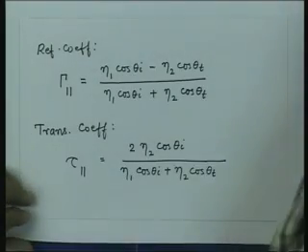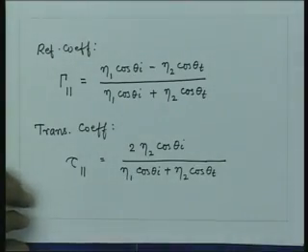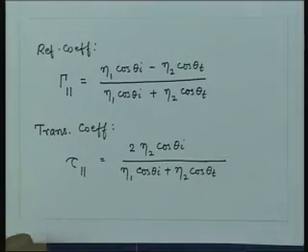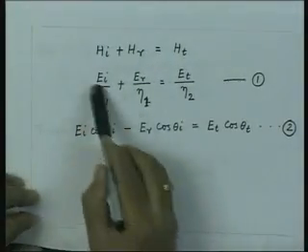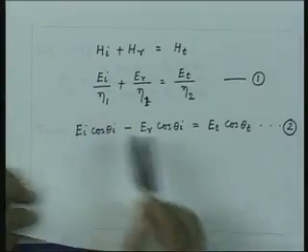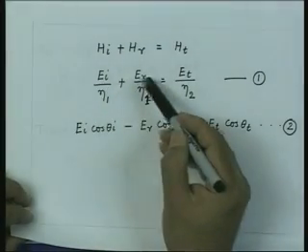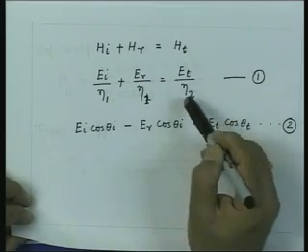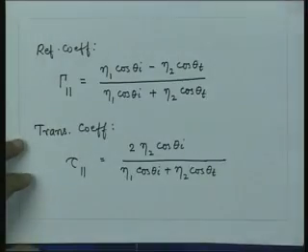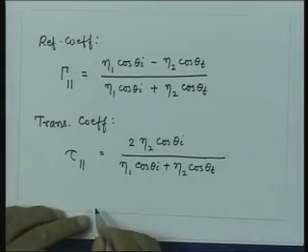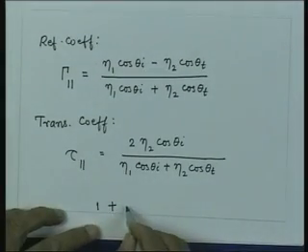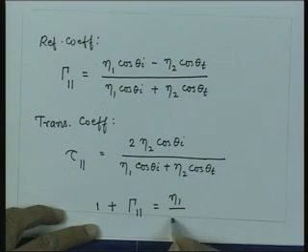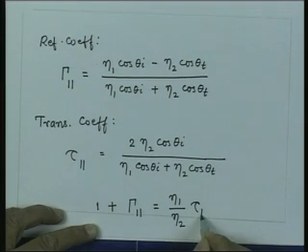Also note here that in this parallel case 1 plus gamma is not equal to tau, because from this equation the relation will be, if you take eta 1 on the other side, 1 plus gamma parallel equal to eta 1 upon eta 2 into tau parallel.